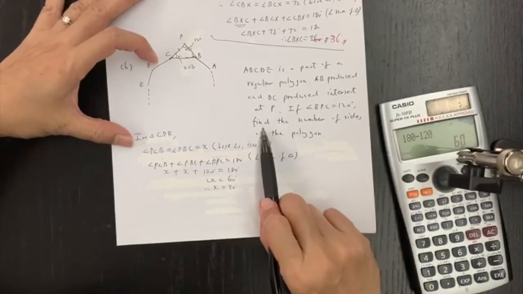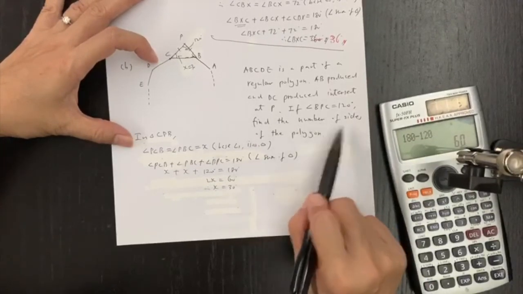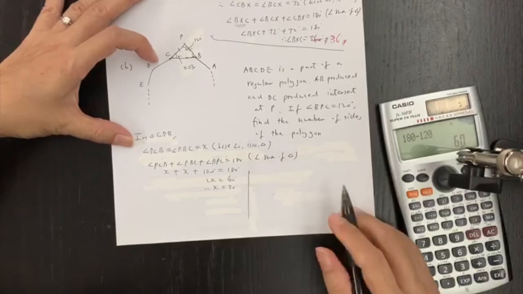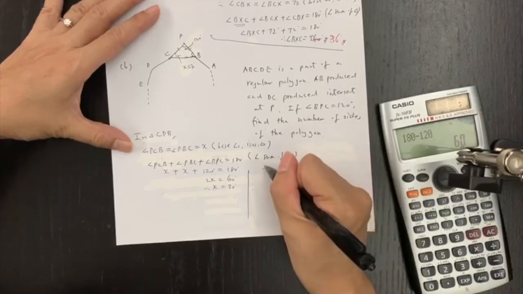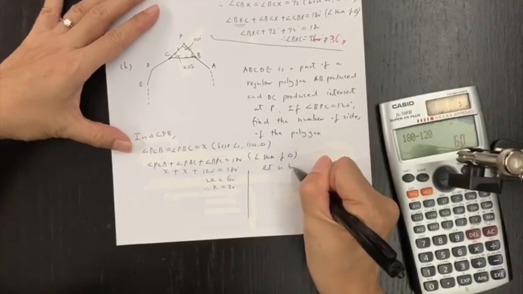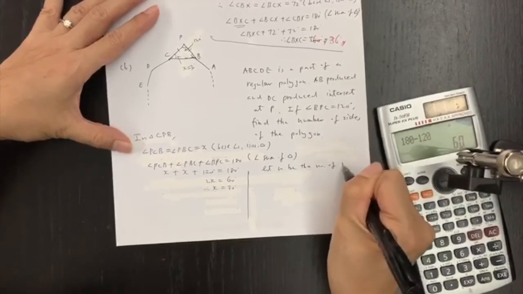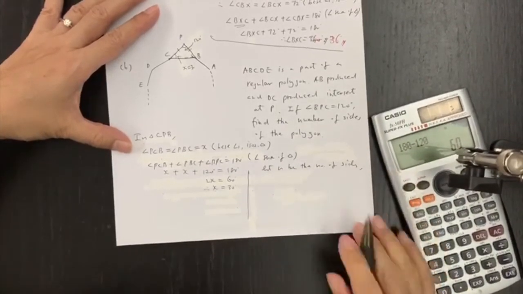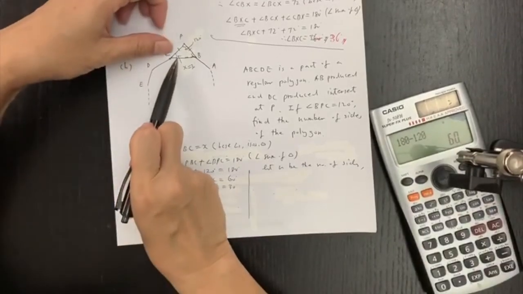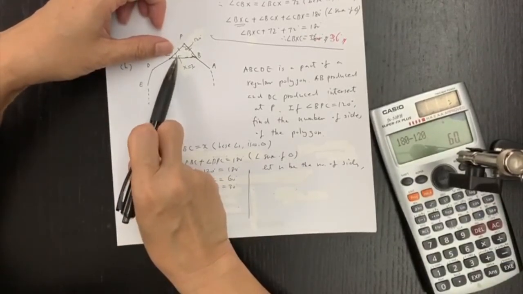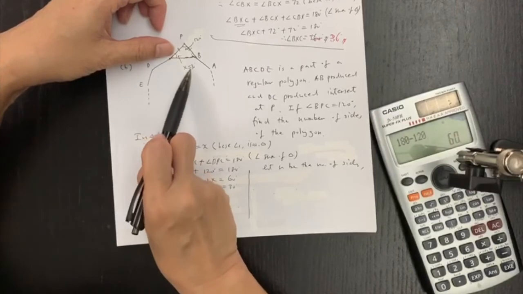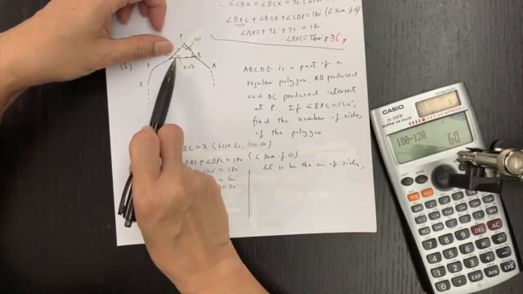Okay, and then what do we need to find here? Find the number of sides of the polygon. So how many sides are there? Let n be the number of sides. And here is 30, and 30 is outside the polygon, so this is an exterior angle.